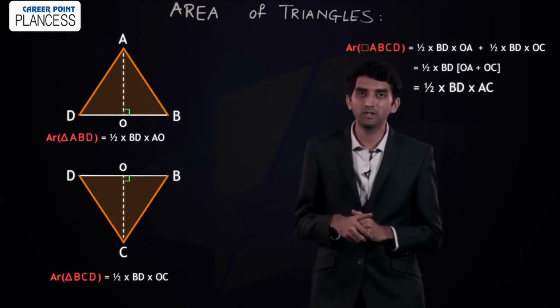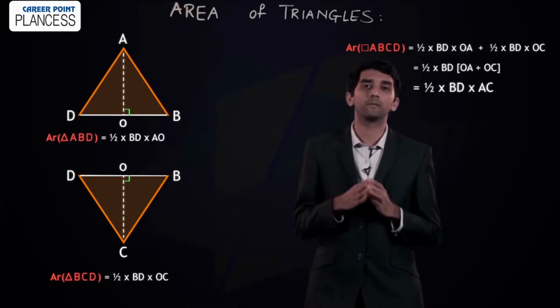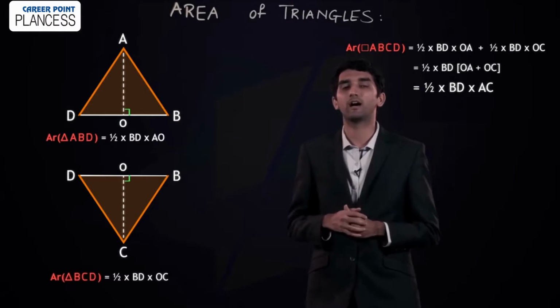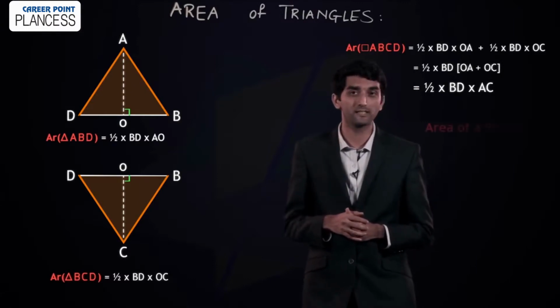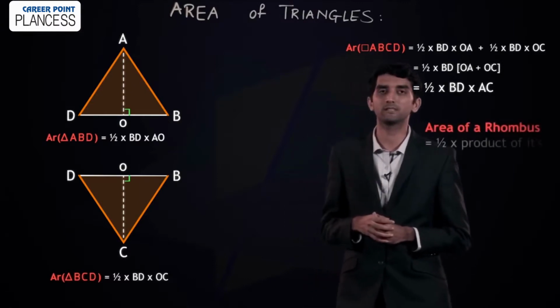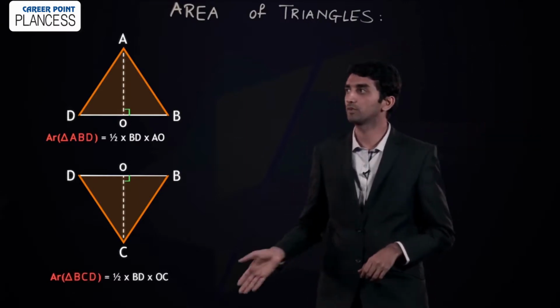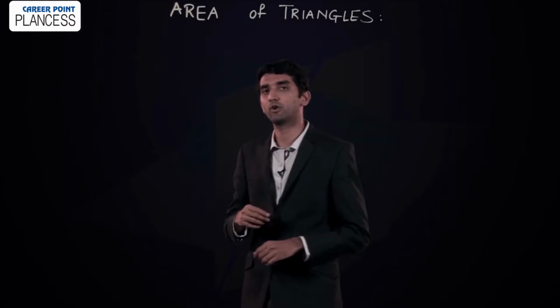There we had mentioned the area of a rhombus as half into d1 into d2, where d1 and d2 are the lengths of the diagonals. So this forms the area of a rhombus.